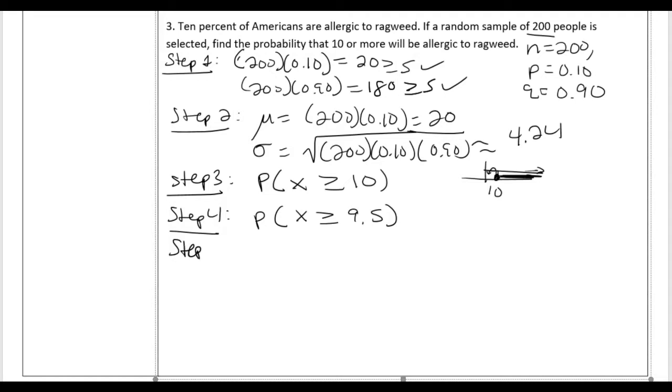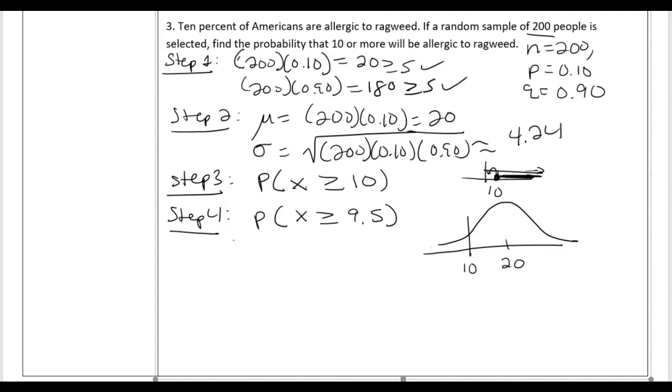Oh yeah, actually we need to graph it, right? So let's do a quick graph here. The mean is 20, and we want greater than or equal to 10. So 10 is pretty small, around here. We'll say that's 10.